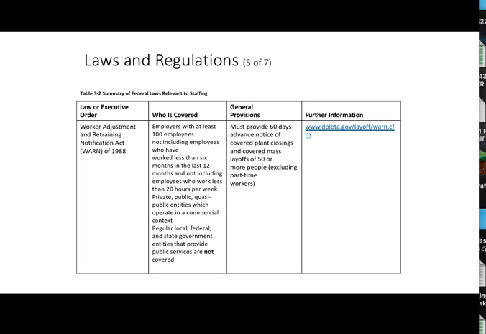Oftentimes you can get around that by paying people through 60 days, even if you're going to let them go tomorrow. You'll pay them for the next 60 days. So in essence, it balances itself out. But it's really important if you're going to do a mass layoff, you do need to give people advance notice.